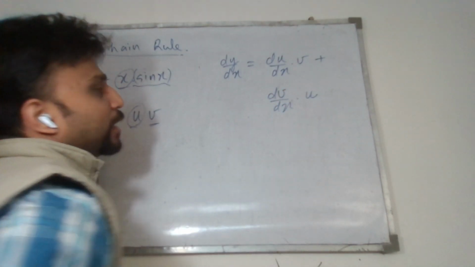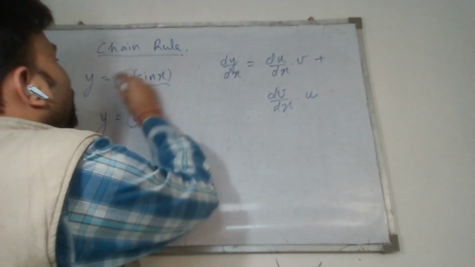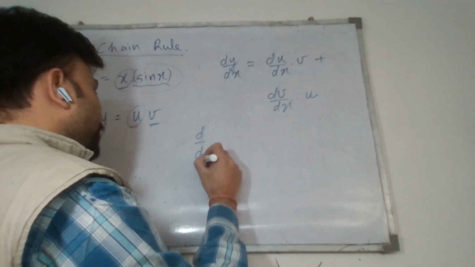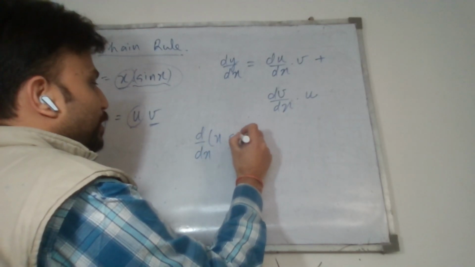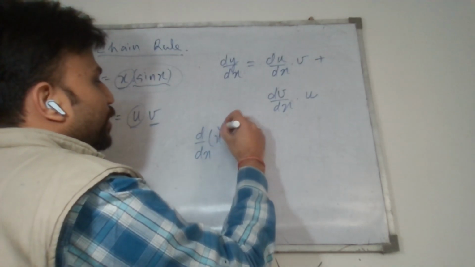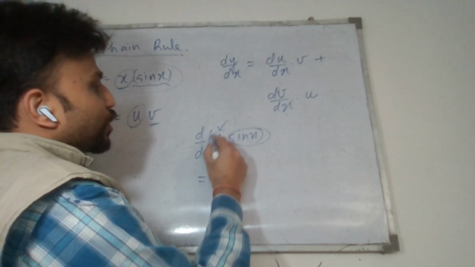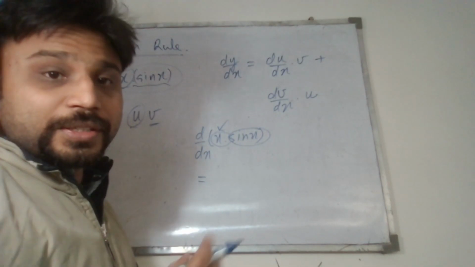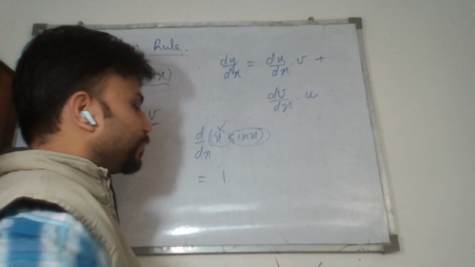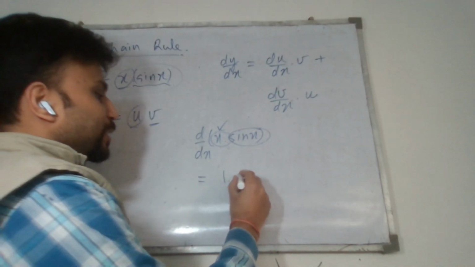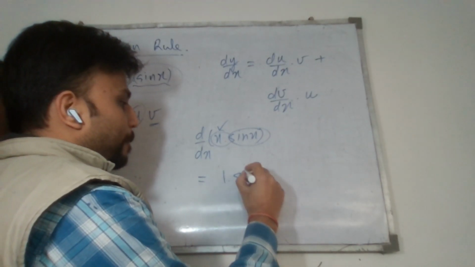So differentiation of x sin x, what does it lead to? That is d by dx of x sin x. We'll differentiate x first and let sin x be as is. So differentiation of x, as we just saw, was 1 only. Differentiation of y is equal to x leads to 1, and sin x will remain as is.